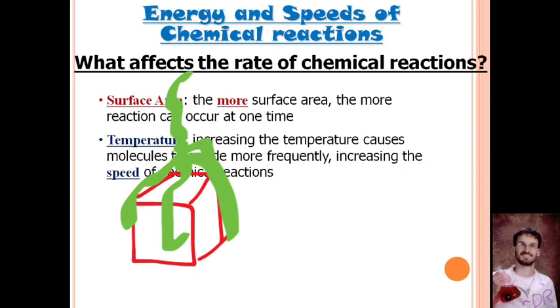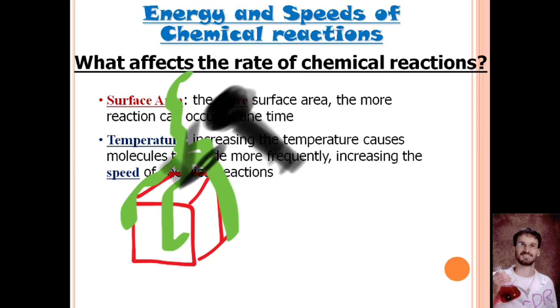But let's imagine that we are going to take a big hammer and we're going to smash this block of sugar, and we're going to turn it into a bunch of smaller cubes.